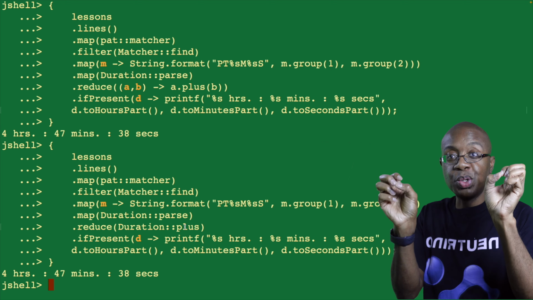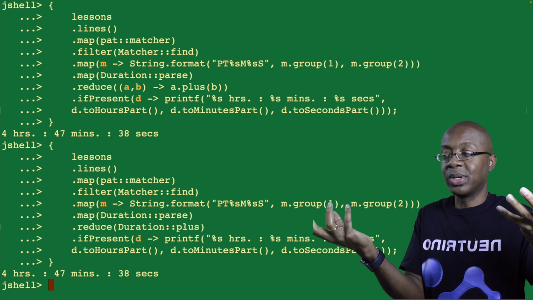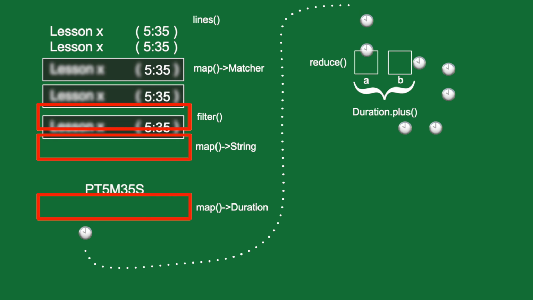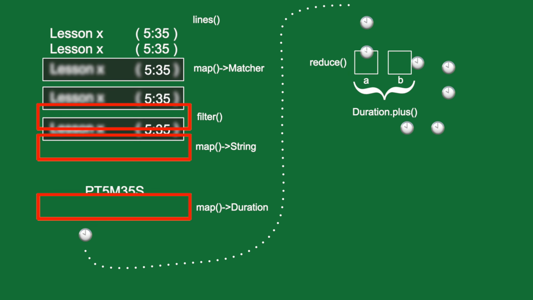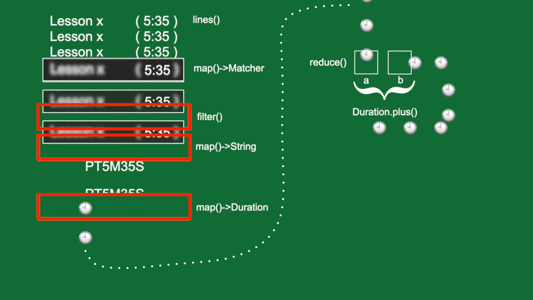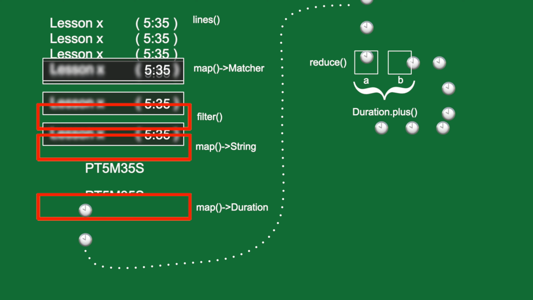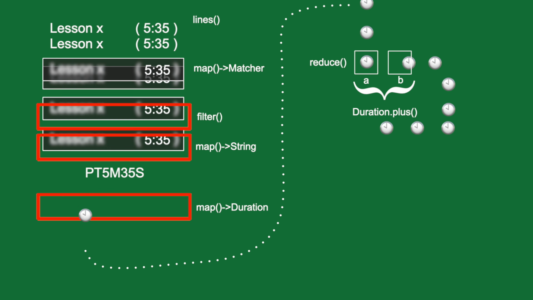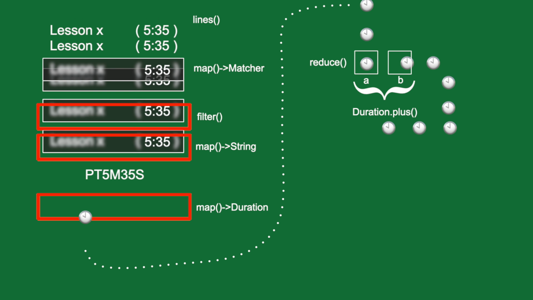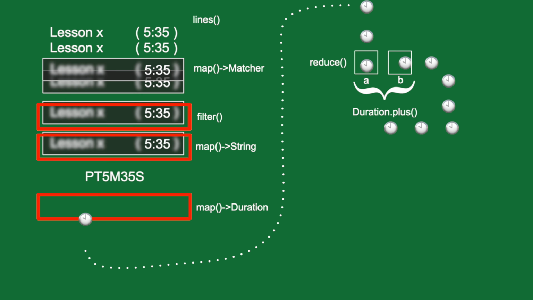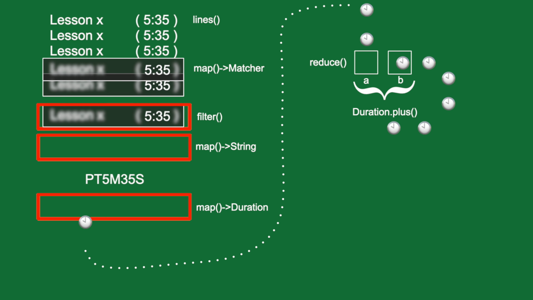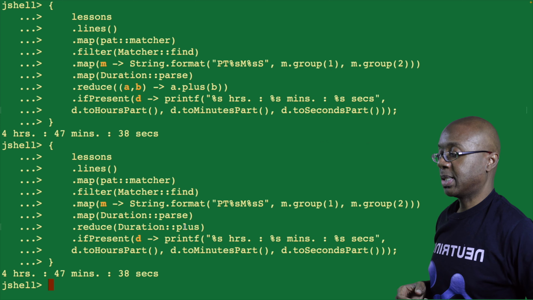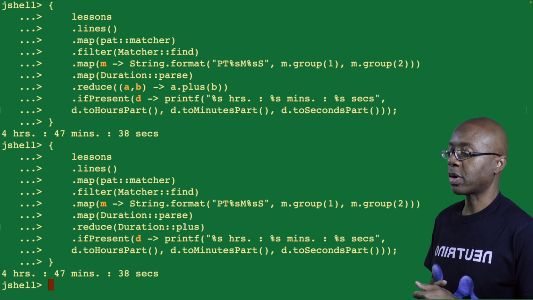So it's just going to take 2 of the duration objects or instances, plug them into the plus method, call that plus method, take the result out, and then grab another one from the list, add these 2 together, get the result of that, take that result, grab another one from the list, plug them in together, call plus, get the result of that, take another one from the list. You see the pattern here, get that result, that one here, plug them in together to call plus, and keep going until it's done. Okay, so that's the reason that works that way.